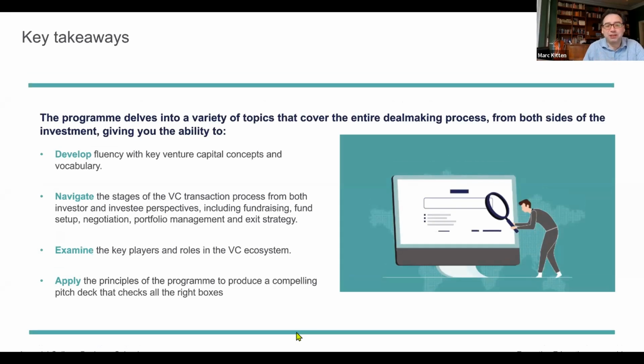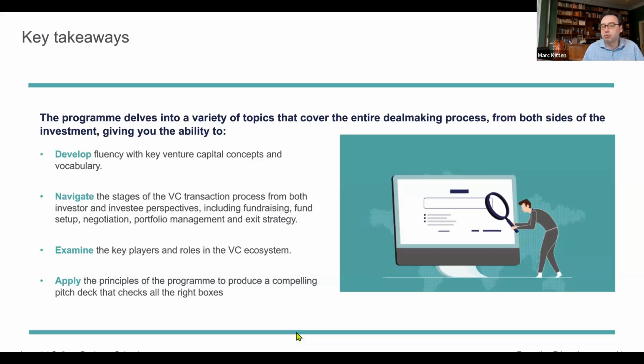Not that I don't want to speak, but so what do we want to achieve here? Well, to make you familiar, or at least more familiar, with the entire process of venture capital, so all the deal-making process. You could be an investor, or you could be looking for an investment. So we try to mix those two sides, the buy side and the sell side. And for that, we introduce you to the concepts. We take you through the process.